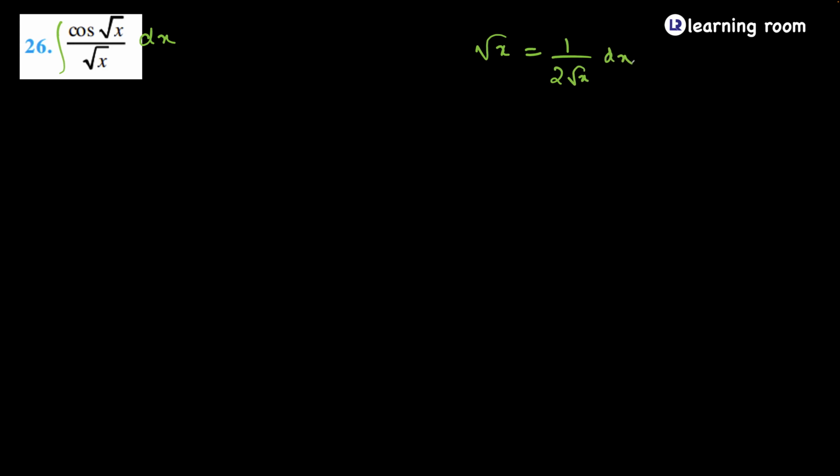So that clearly indicates that in this problem, we are supposed to substitute root x as t. So 1 by 2 root x dx is equal to dt. So dx by root x is 2 times dt.